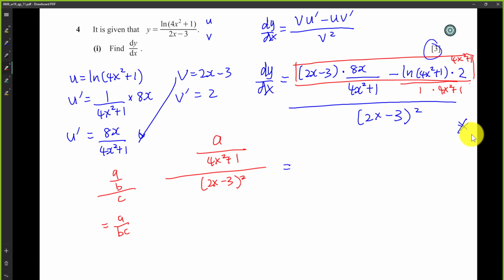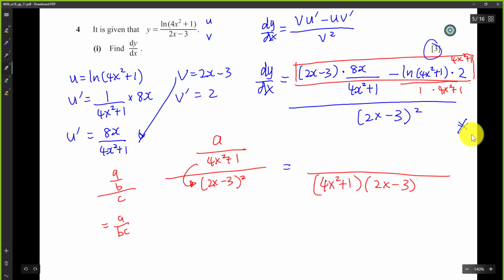So if it is like this, I already know my denominator will be this one multiplied by this one. So I will straight away write 4x squared plus 1 and then multiply with (2x minus 3) squared. Then only I simplify the top one, my numerator.